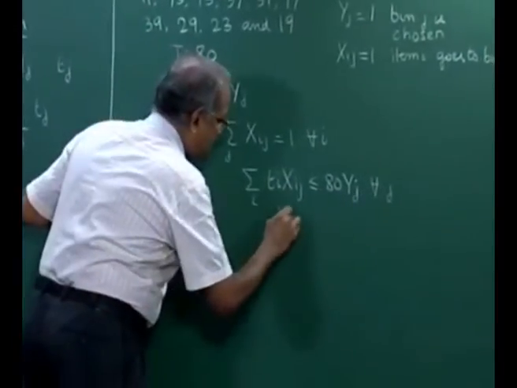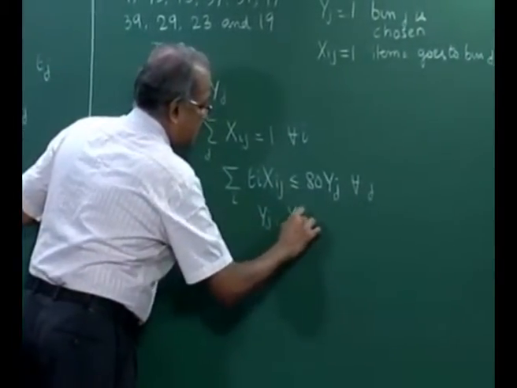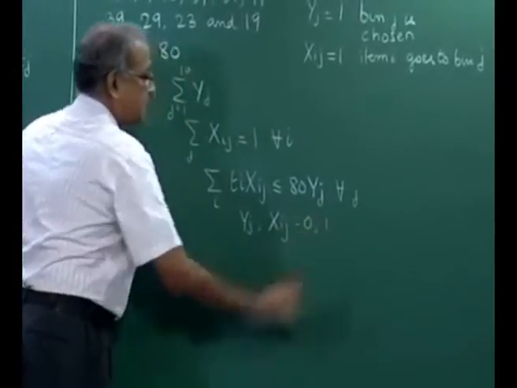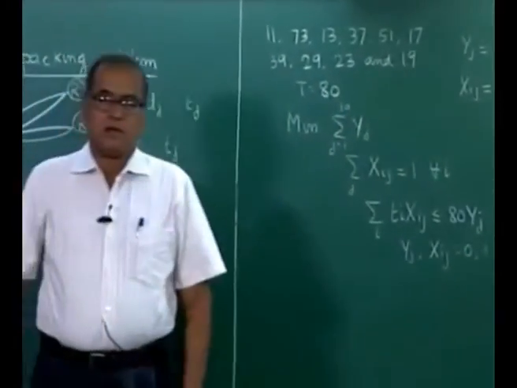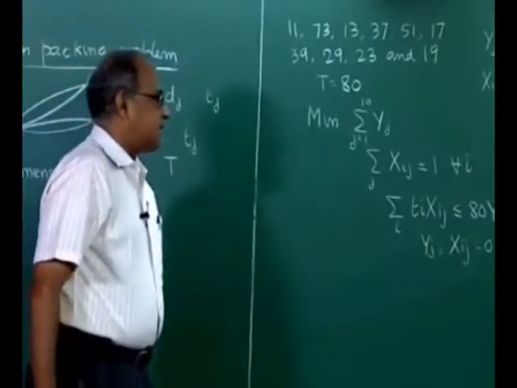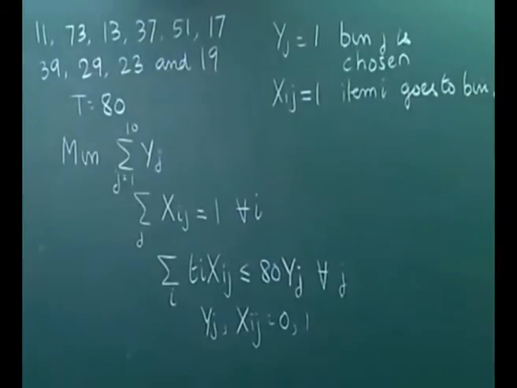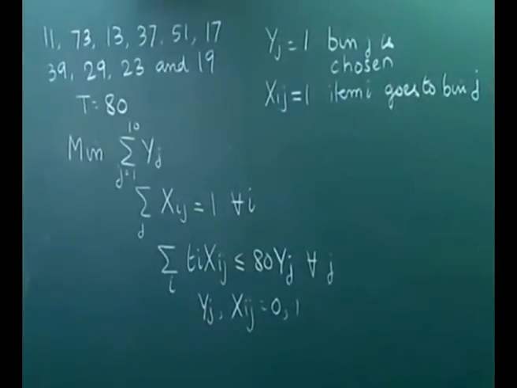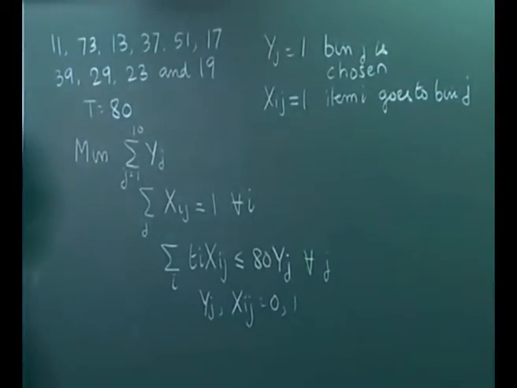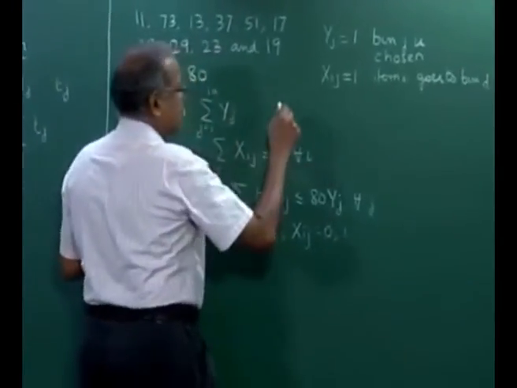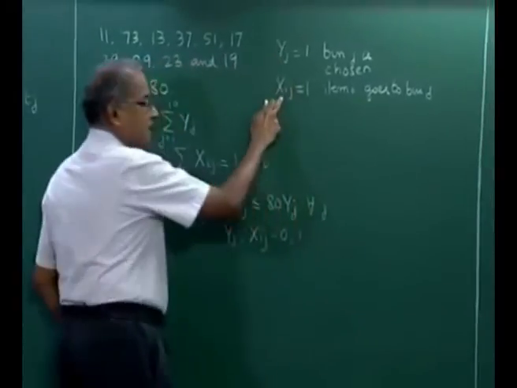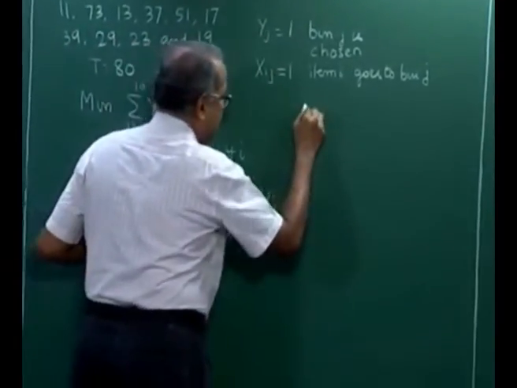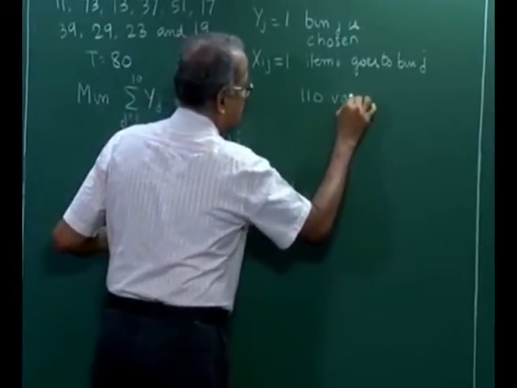And then we have yj and xij as binary variables. Now this is a binary integer programming formulation. This can be solved optimally using an IP solver. For 10 items we will have 10 variables here and 100 variables here, so we will have 110 variables.